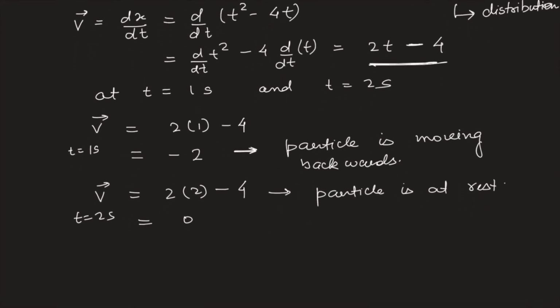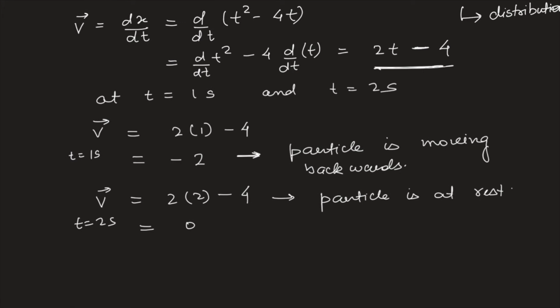And if you want to find out the instantaneous velocity at, let's say, t equals 3 seconds. So 2 times 3 minus 4. What are we doing here? Whatever is the value of time, we are substituting in this formula. So t equals 1 second, 2 seconds, or 3 seconds, we are going to substitute the value of time in this formula over here.